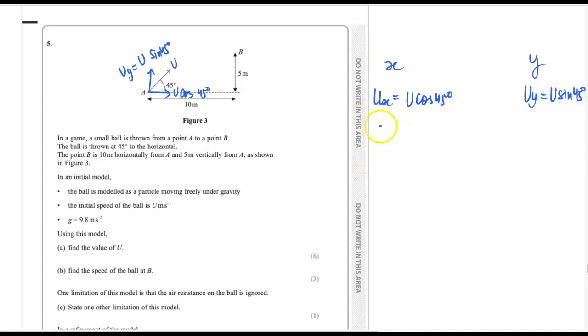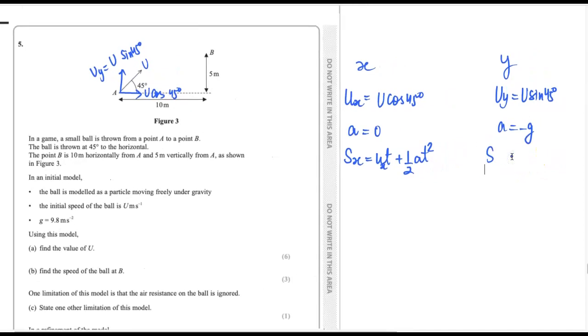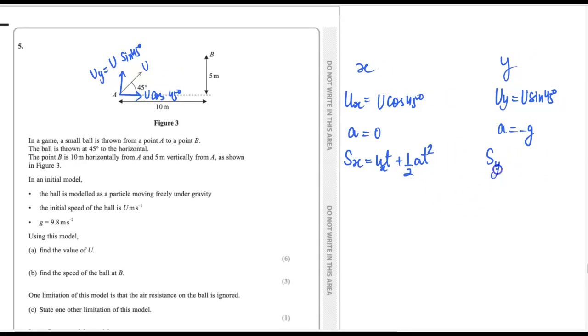Now if you talk about acceleration, it stays 0 in the horizontal direction and acceleration is negative g in the vertical. So we use the formula Sx is equal to ux t plus half at squared, and there also we use the same formula, sy equals uy t plus half at squared.